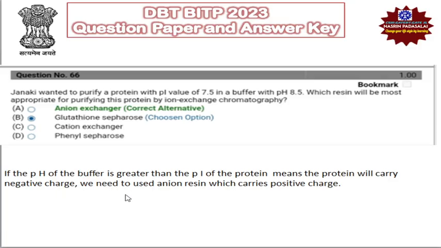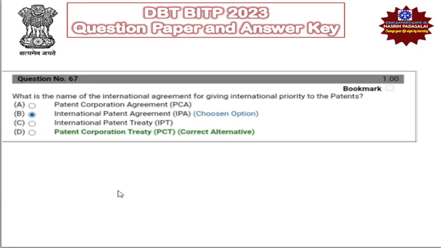So the resin you should use is an anionic resin, which carries a positive charge. There will be binding between the negatively charged protein and the positively charged ions present in your anionic resin. Here the pI of the protein is 7.5 and the buffer pH is 8.5, so the pH of the buffer is greater than the pI of the protein. Ultimately the protein will carry a negative charge, so it will attach to the anionic exchanger, which carries a positive charge.